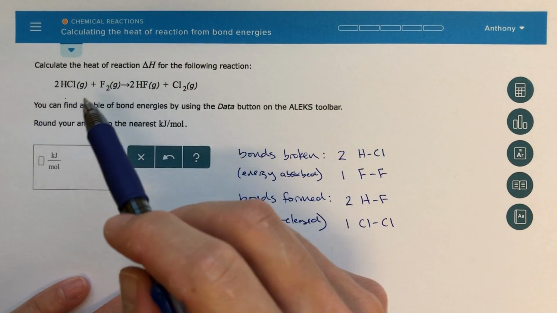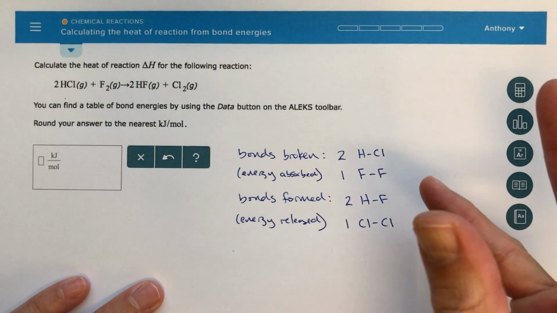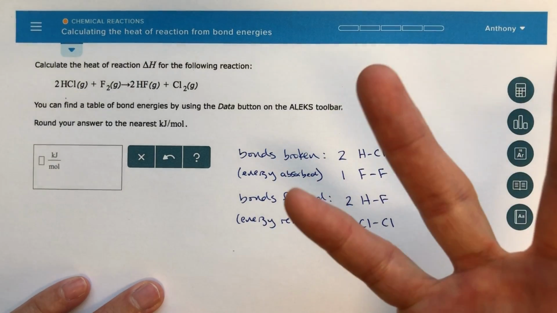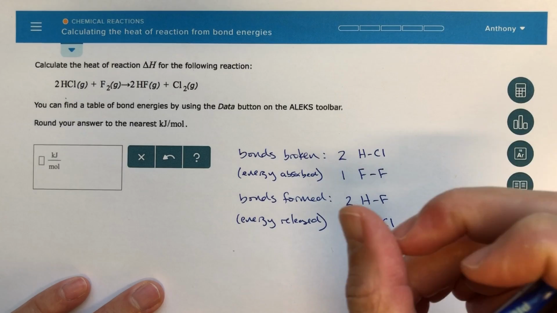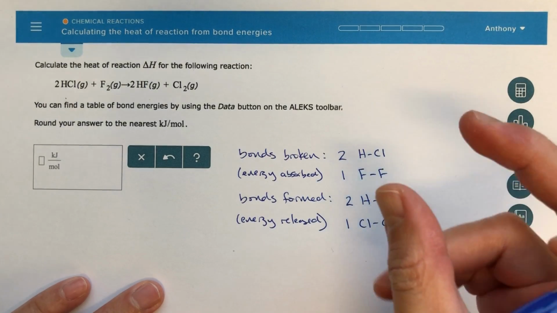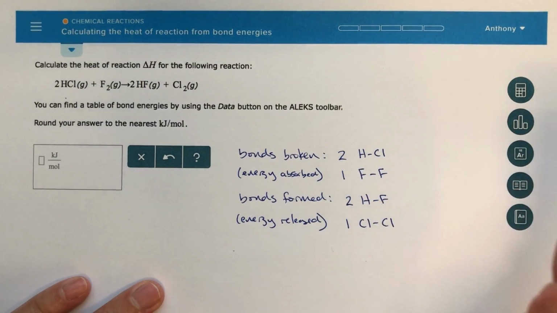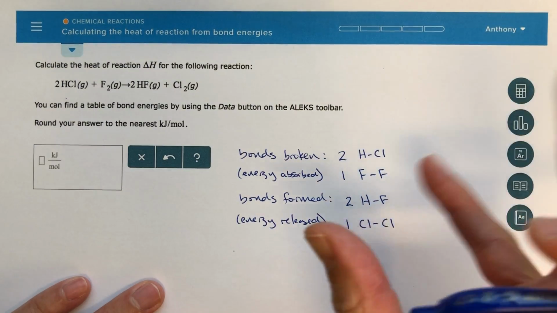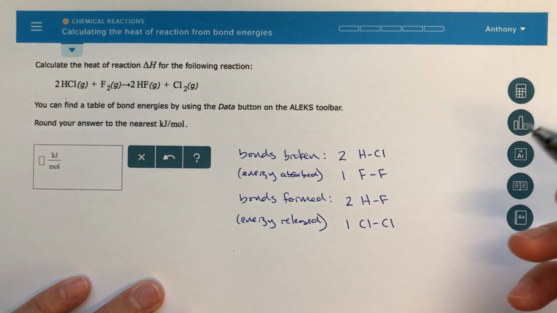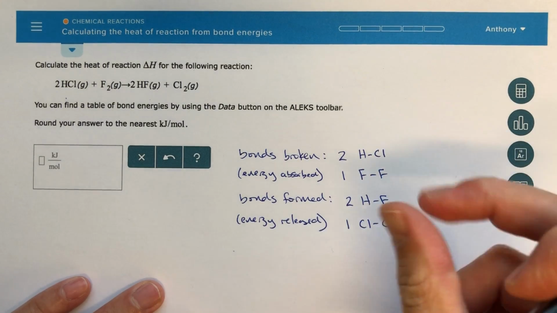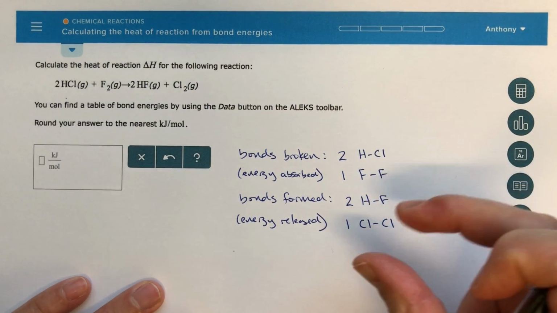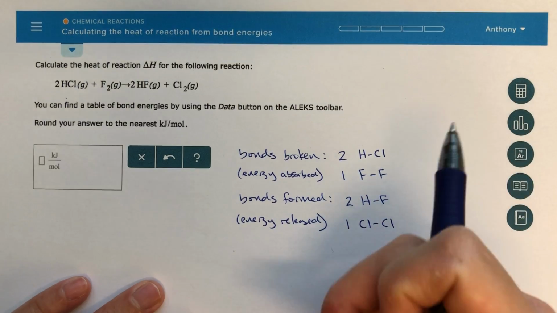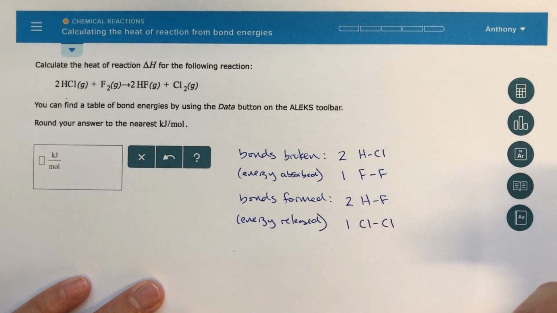So we're going to break these bonds so that they're separate from one another, and that's going to take energy. And then we're going to reform some new chemical compounds. And when we form those bonds, energy is actually going to be released. We're going to be forming a more stable compound than when it's just all atoms. And then the difference between those, how much energy it takes to break the bonds and how much energy we get back when we reform the bonds, that's going to tell us what the overall energy change is for a chemical reaction.